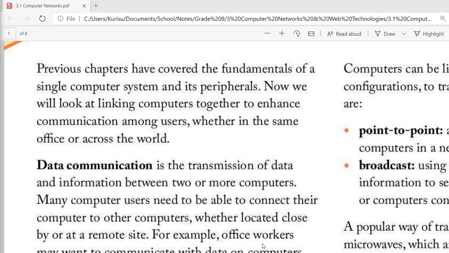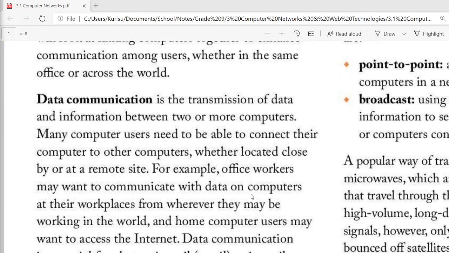Now, the first term that you should be taking note of is data communication. What is data communication? That is when you transmit data or information between two or more computers. So that transmitting, that receiving of the data or information is referred to as data communication.